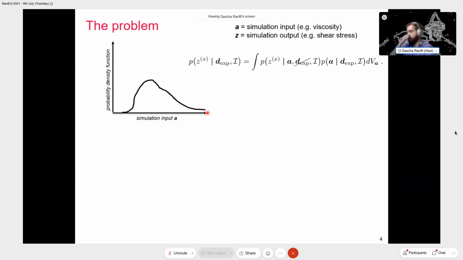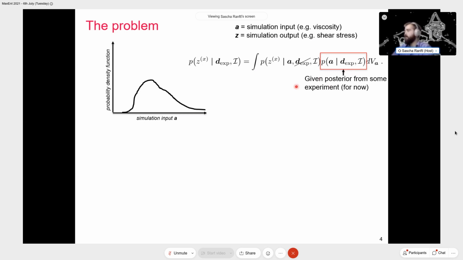So the basic problem: we have our simulation output Z and our simulation input A, and we want to solve this equation, the probability density function of Z, where we introduce via marginalization our input variables A. For a while, I will assume that this posterior for our input variables A is given.